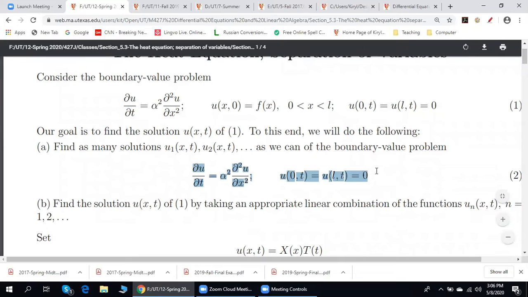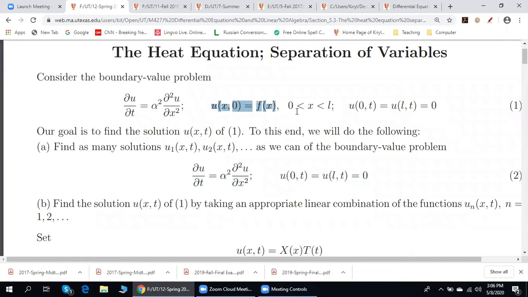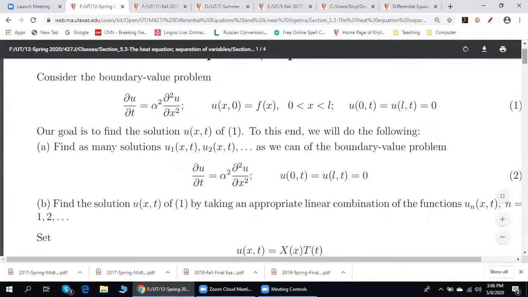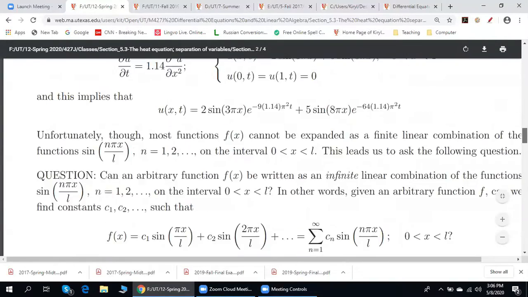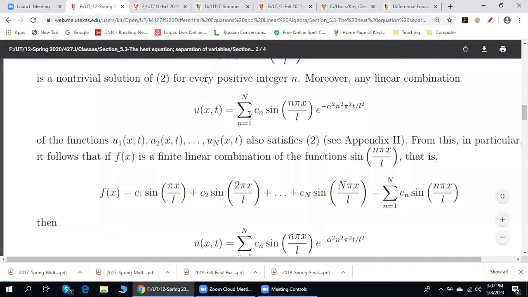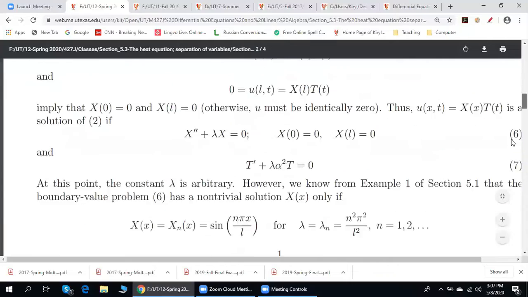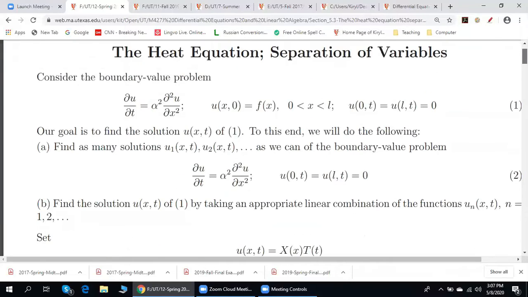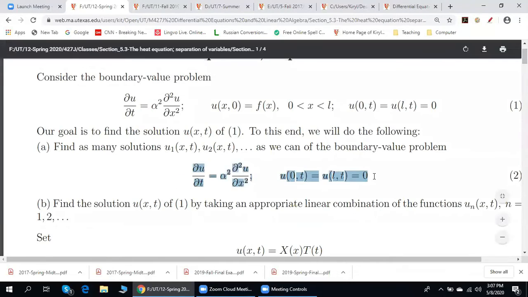Next question is, how about the middle condition? To be more specific, is it possible to find numbers C1, C2, and so on, Cn, such that this satisfies not only boundary value problem number 2, but also the middle condition, meaning boundary value problem 1?